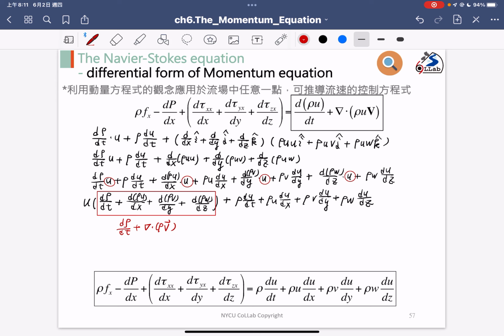And based on the continuity differential form, we know that it actually equals 0. So finally we don't have that item on the left hand side. We only have ρ du/dt plus ρu du/dx, plus ρv du/dy, plus ρw du/dz. So that is the final formula shown here.